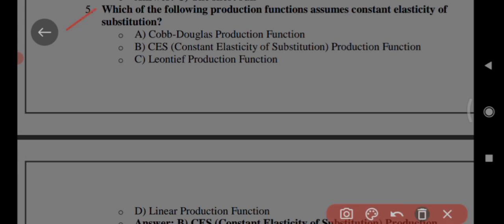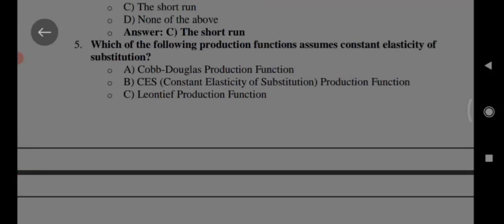Which of the following production functions assumes constant elasticity of substitution? Option B, CES, constant elasticity of substitution production function.